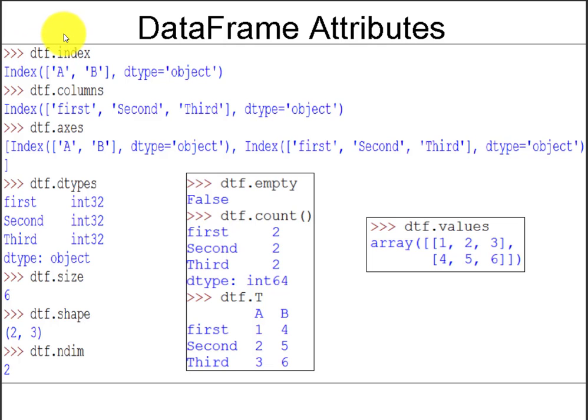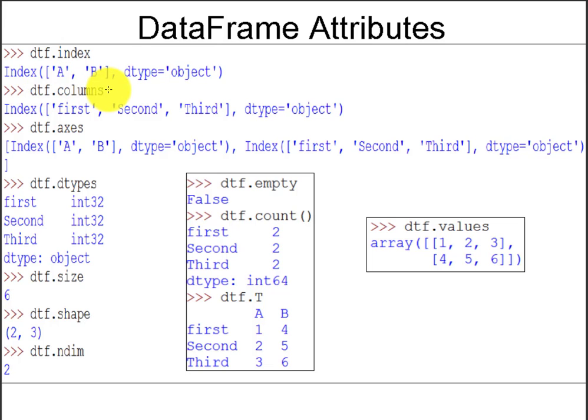First, the data frame object is DTF. So I have a data frame object DTF, and now I will use some attributes. See here: DTF dot index. DTF is a data frame object, then the dot operator, and then the attribute name.